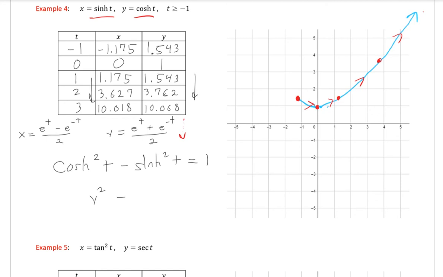Sinh is x, so sinh squared is x squared equals 1. So we have y squared minus x squared equals 1. What is this creating? Well, what are these called? These are called hyperbolic sine and hyperbolic cosine. So this is creating a hyperbola.